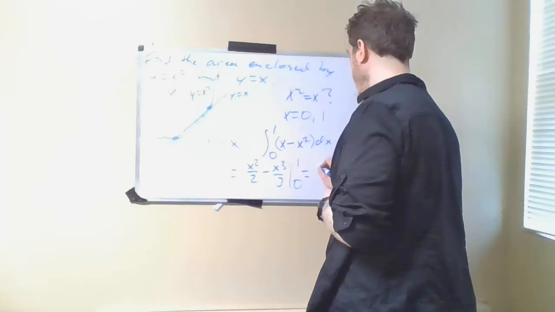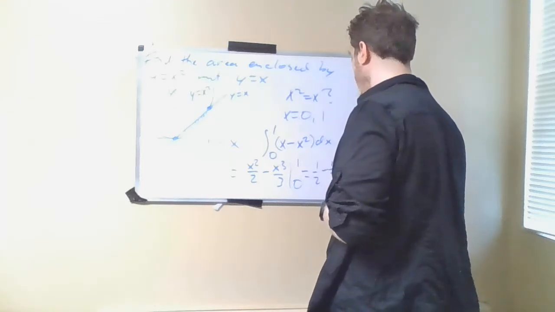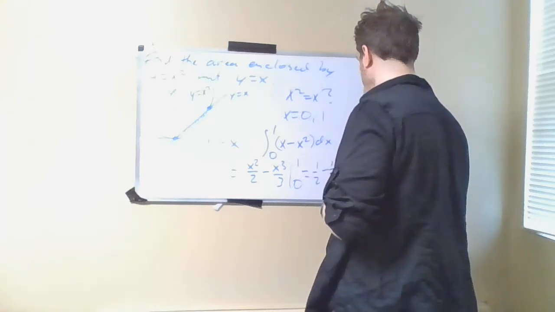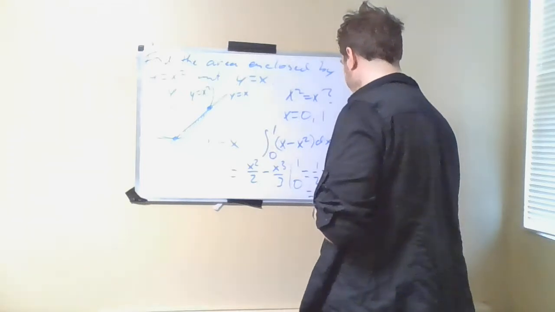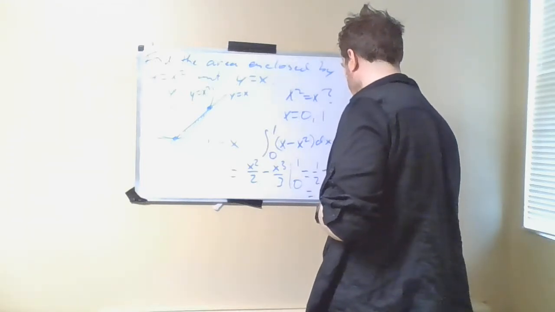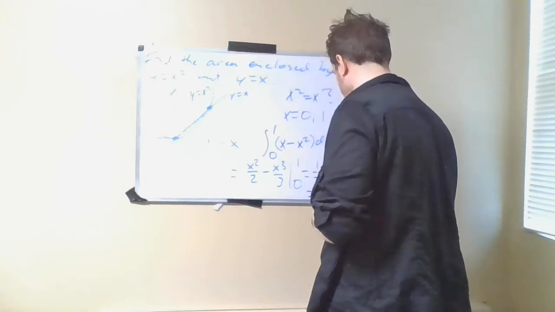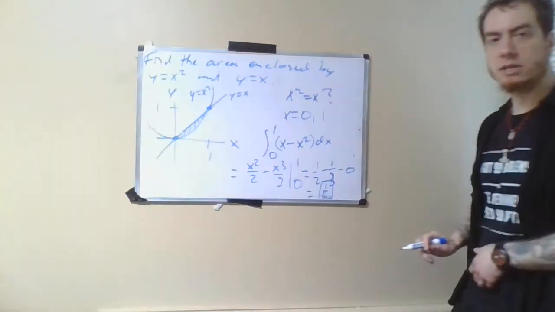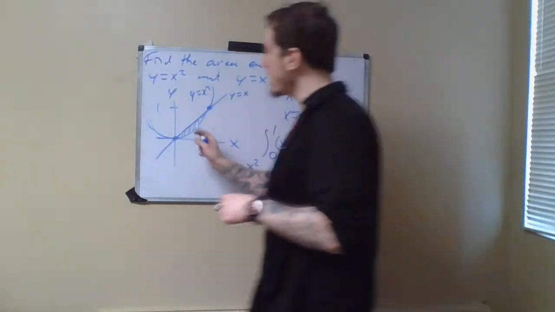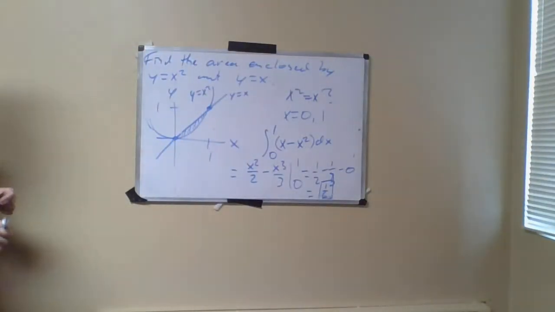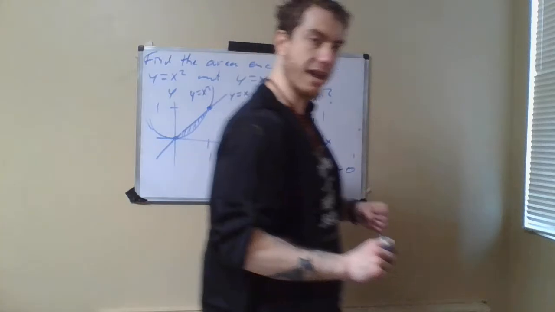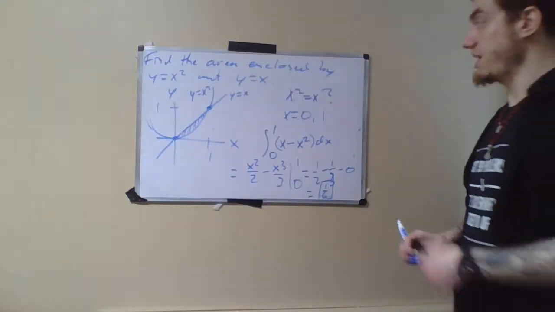That's going to be 1/2 minus 1/3 minus 0, and that comes out to be 1/6. Sorry, that is a terrible looking 6. That's a slightly less terrible looking 6, I guess. So the area of this region is actually 1/6. Kind of interesting, really, that that's what that area comes out to be. But there we have it.